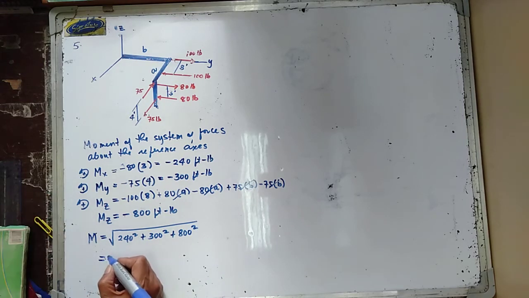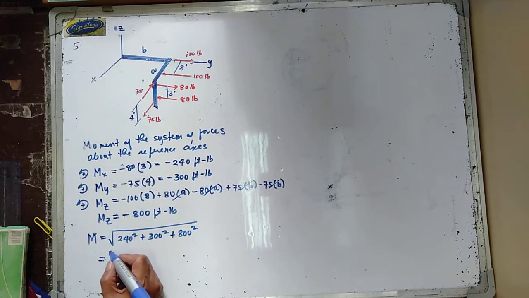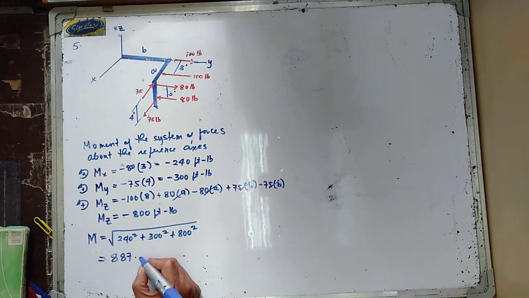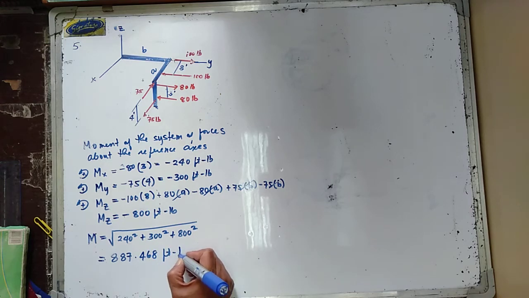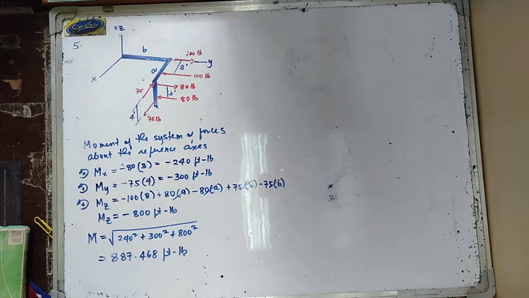So the magnitude of the moment is equal to 887.468 foot-pounds.